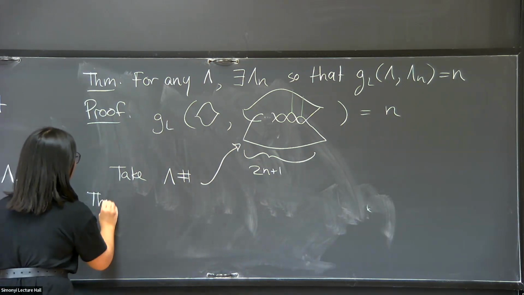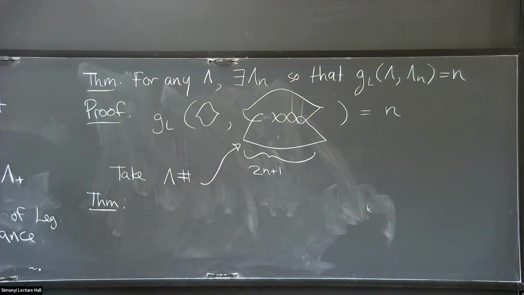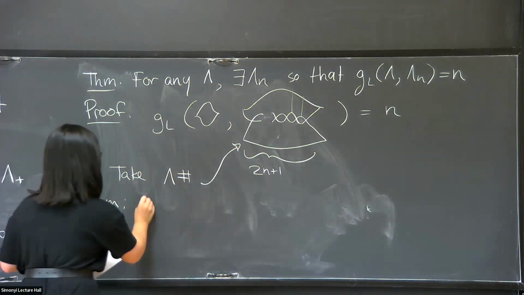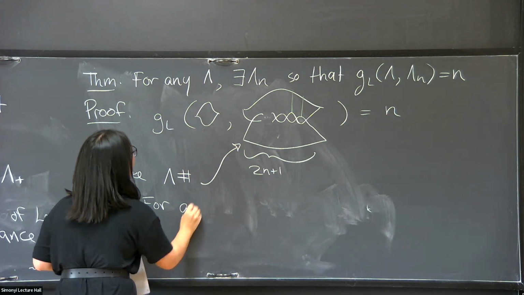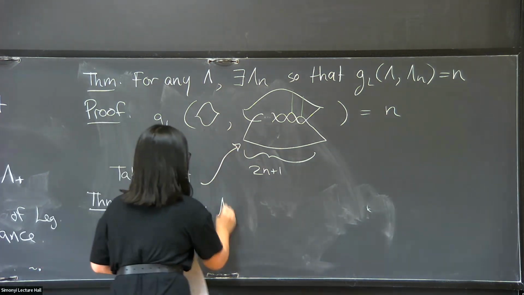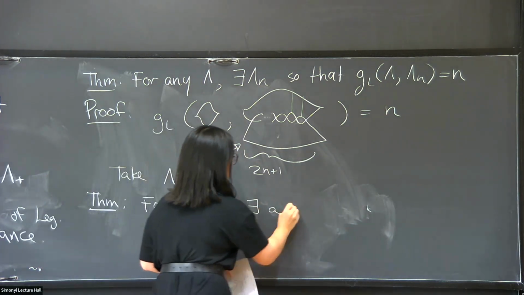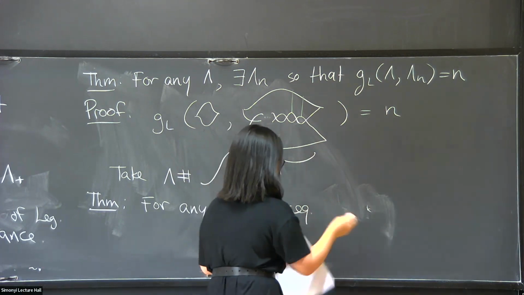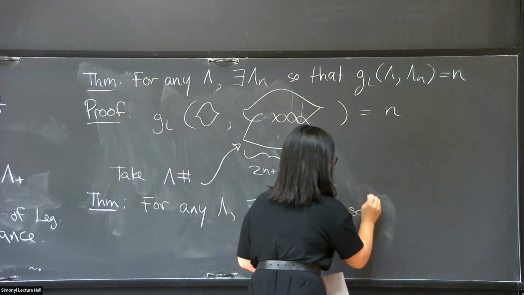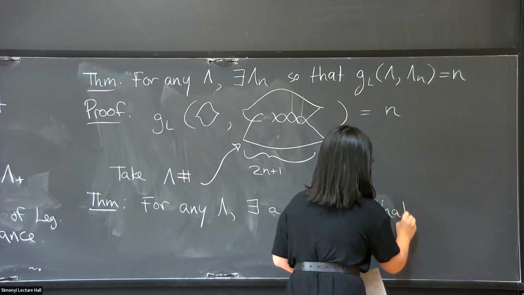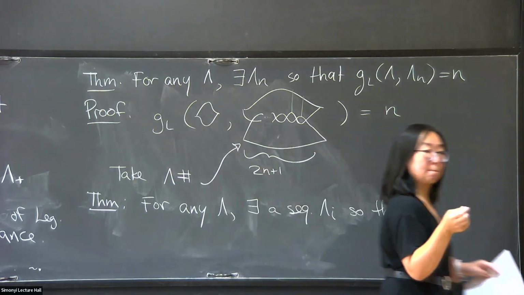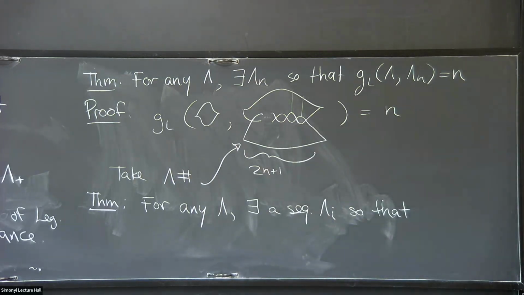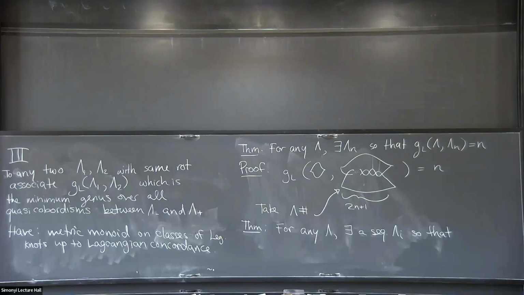Here is another theorem that also has a quick and easy proof. So for any lambda, there exists a sequence of lambda I, so that if I have a Lagrangian cobordism, then it achieves the minimum genus.